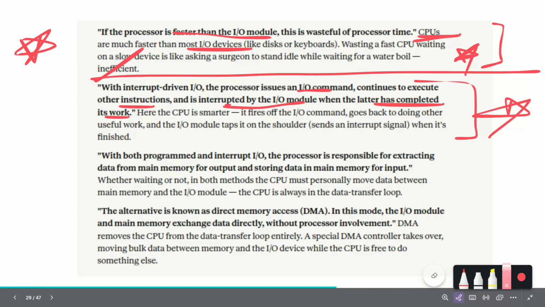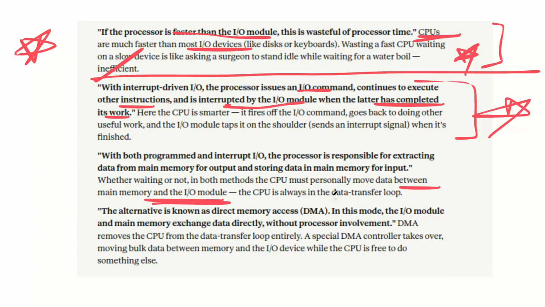That means whether waiting or not, in both methods the CPU must personally move the data between main memory and the IO module. In both cases the CPU is responsible for taking data from main memory for output, and for storing data in main memory for input. That is, the data transfer loop is done by the CPU itself.